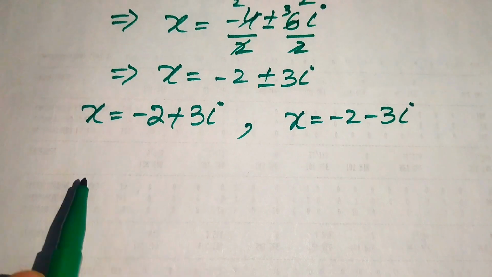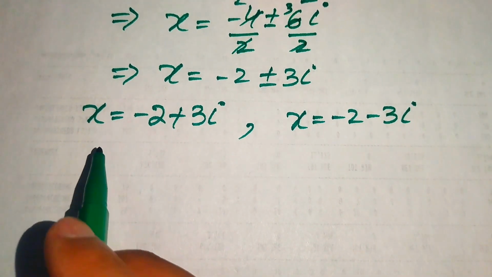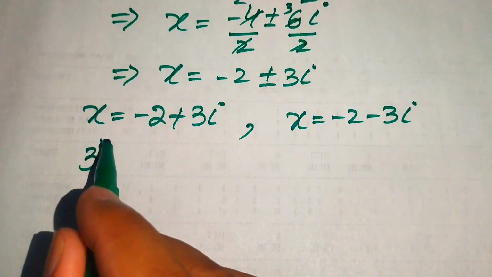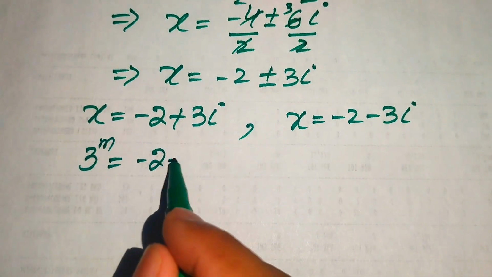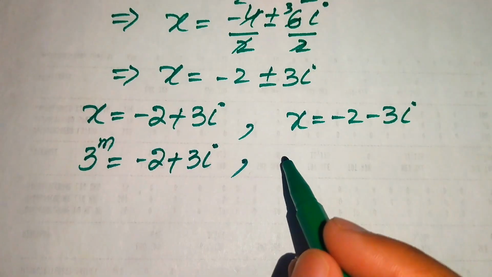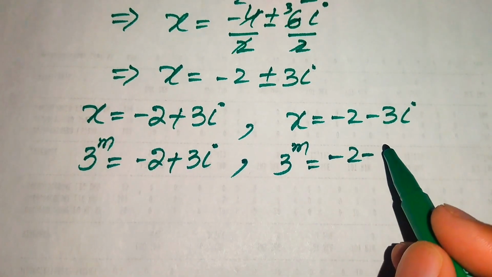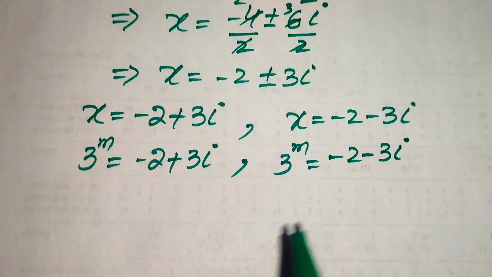And now because we solve this problem for the values of m, here we back substitute the value of x, and it is 3 to the power of m equals minus 2 plus 3 iota, and in this case we have 3 to the power of m equals minus 2 minus 3 iota.